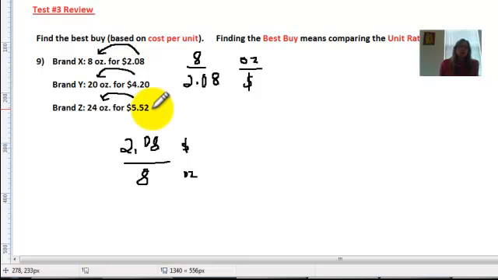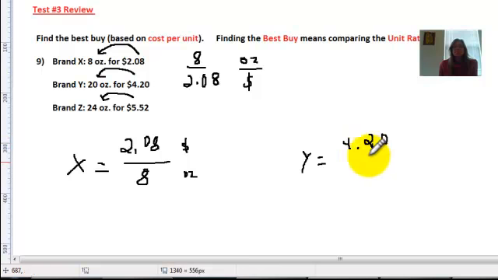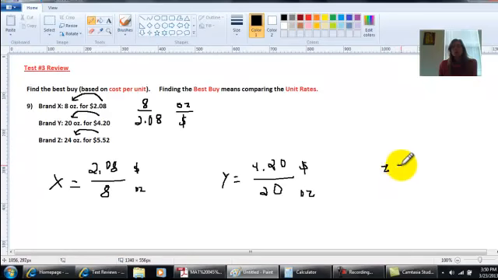And you're going to compare that, this is brand X, to brand Y, which will be $4.20 over 20 ounces. And you will compare that to brand Z, which will be $5.52 over the 24 ounces.